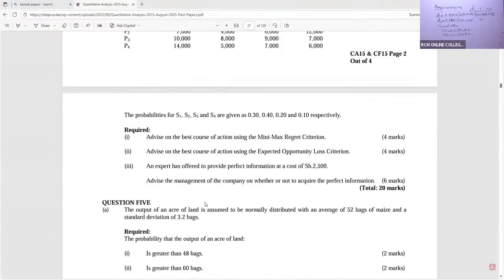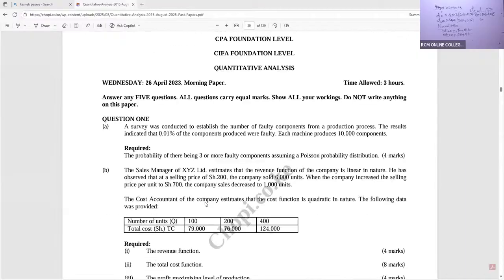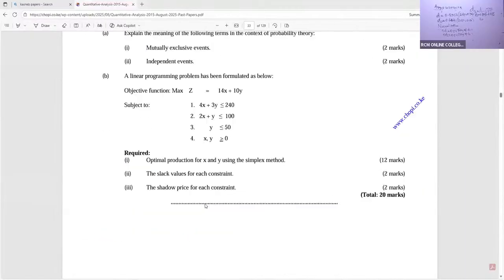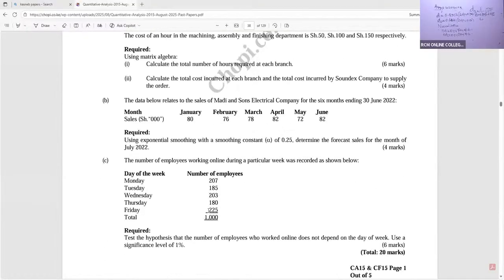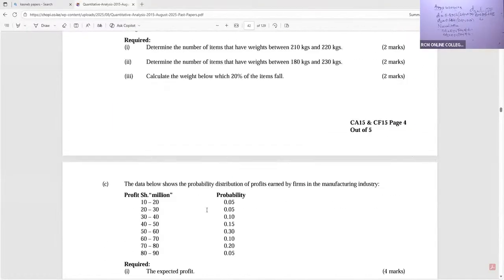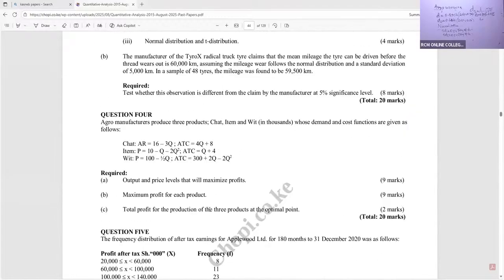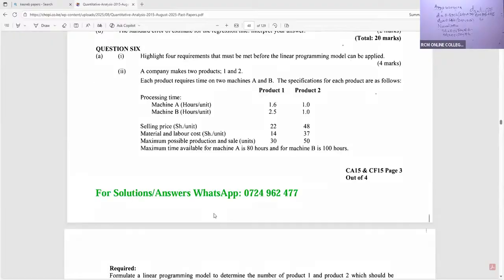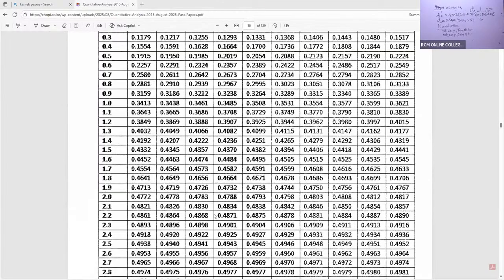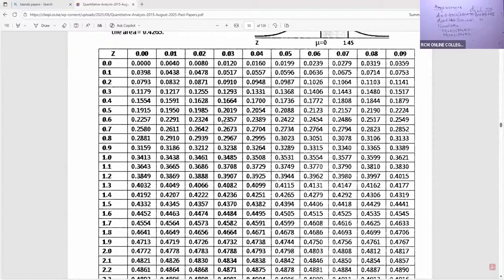Get used to it. If you have a calculator and you know how to use it, the better, the very best. But that means buying another type of calculator, which will currently cost you about 3,000 shillings.